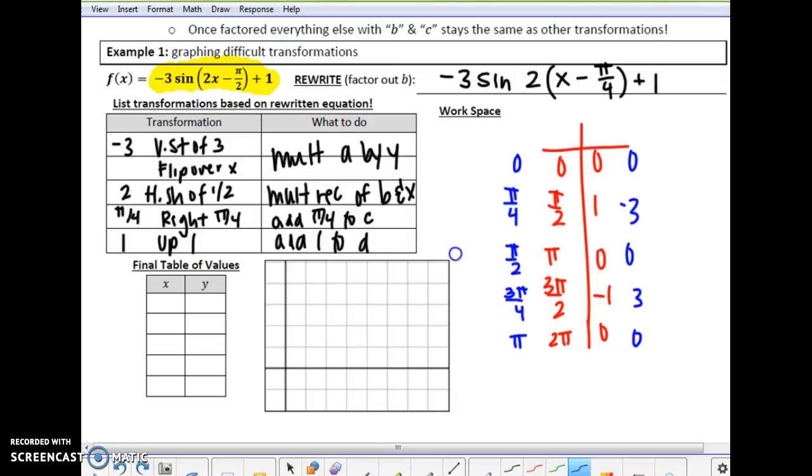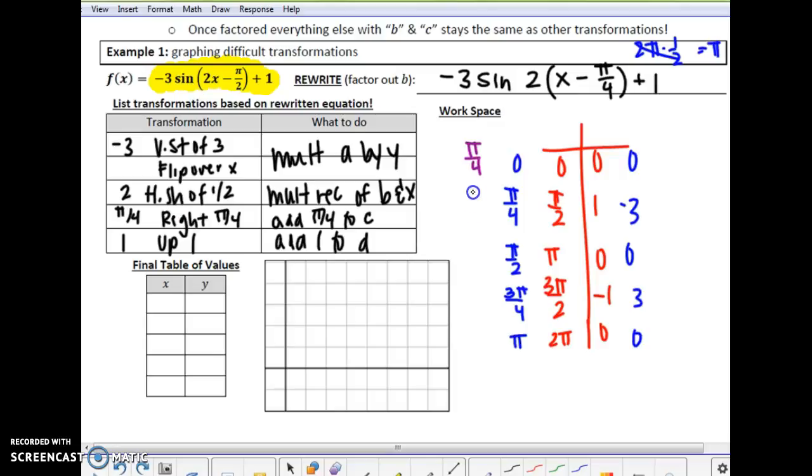If you think about it, your b is 2, which means that's going to impact your period. So remember, when you find your period, it's 2 pi times the reciprocal of b, so 2 pi times 1/2, which gives you pi. You want to make sure that your period matches your last x value, which it does. We're going to go right pi over 4 units, which is adding pi over 4 to each.